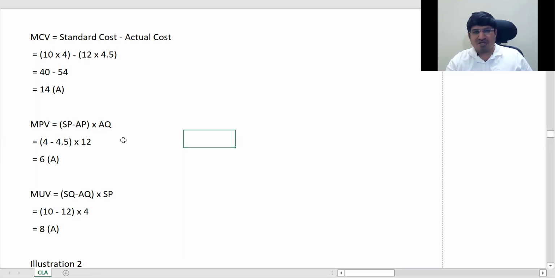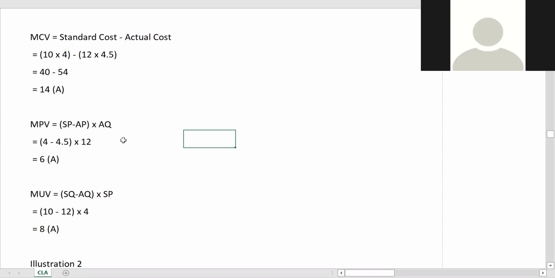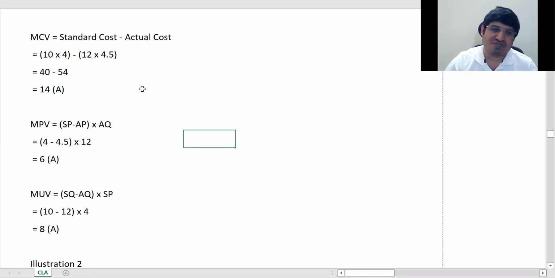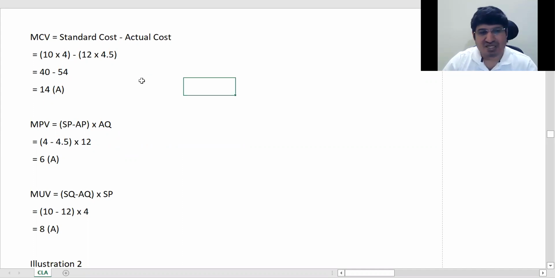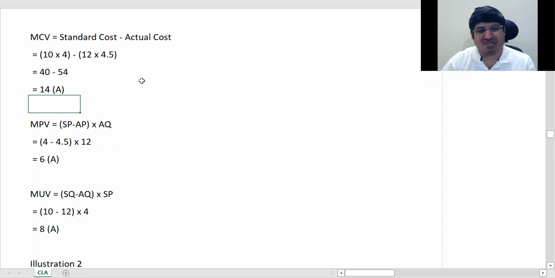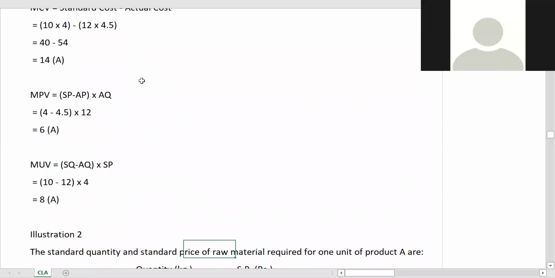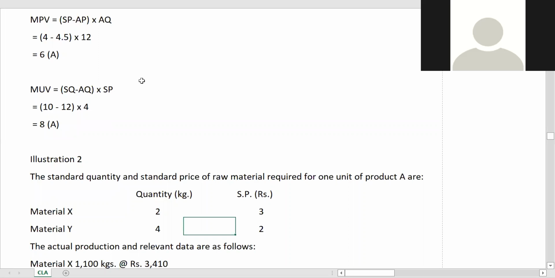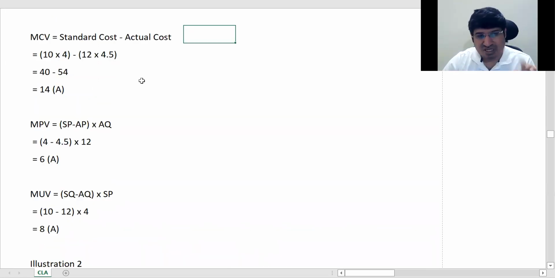As problems get more difficult, you will have much more clarity with these procedures. You will get full marks however you do it, because all these formulae are given in the study material only, so if you use them directly there is no problem. As I said, in the module the way they have solved is a little different and a little complicated, so go by these. The formulae are also given in your study material, but for solving they are not using them, that's another thing.